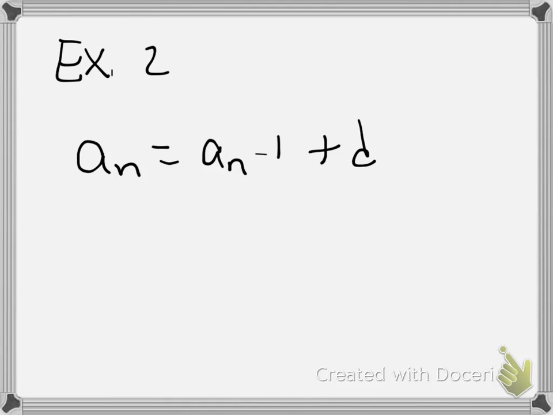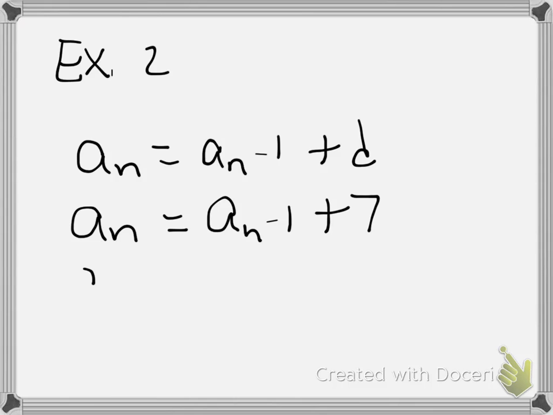So let's take a look at example 2 here. It says use a recursive formula to find the first 4 terms of an arithmetic sequence where the first term is -2 and the common difference is 7. So we'll write our formula up here and we're just going to plug it in. So first thing we'll do is plug in our 7, and we go back to our first term.